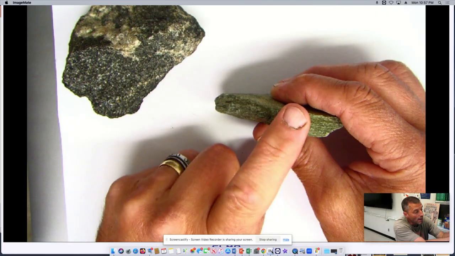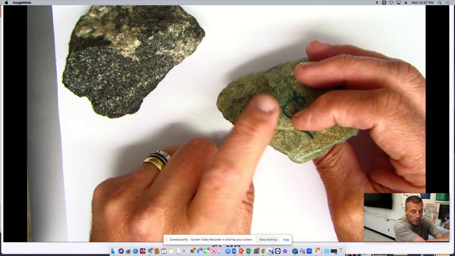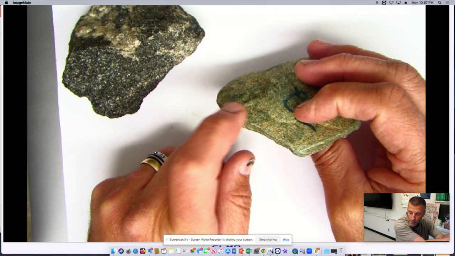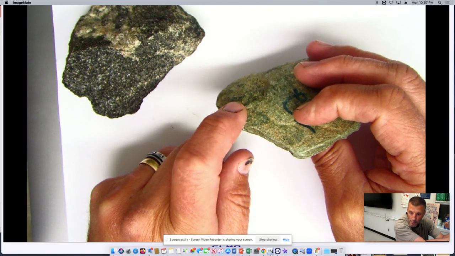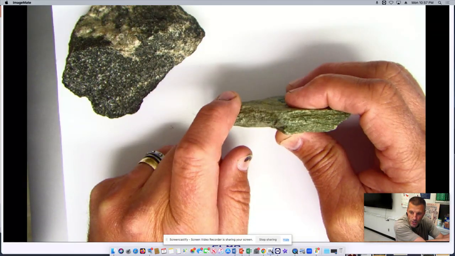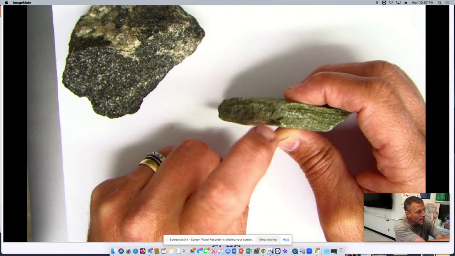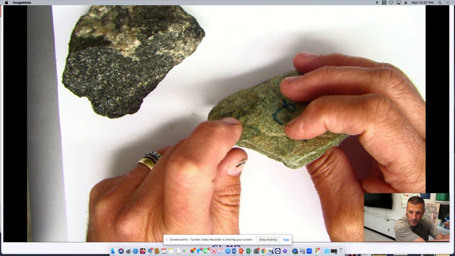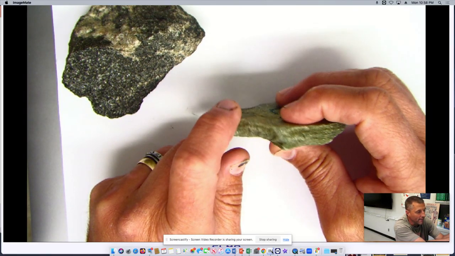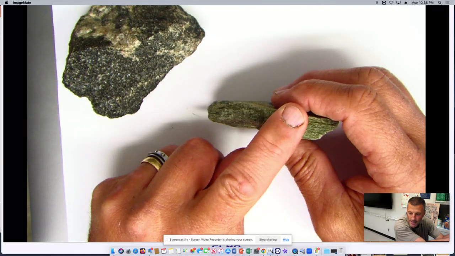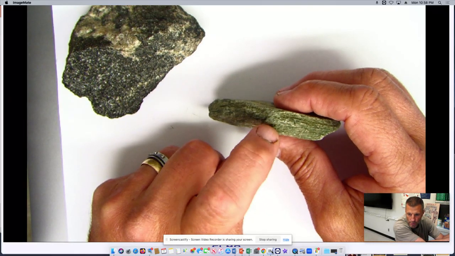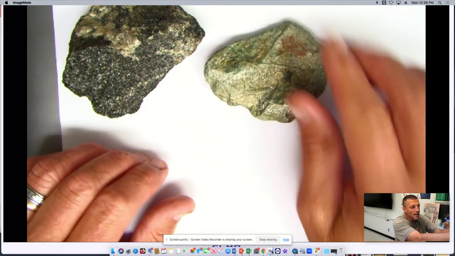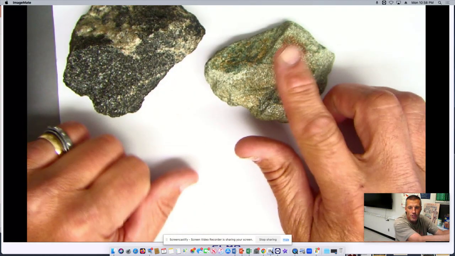And there are also ones that have little bits of garnet, and we looked at garnet as a mineral last chapter. It's kind of got a reddish look to it, and sometimes this will have little tiny bits of garnet, little gemstone-looking things in it, and it's called garnet mica schist. But we're just going to refer to this as schist. Hopefully you can see the layers in it. So that's gneiss and schist.